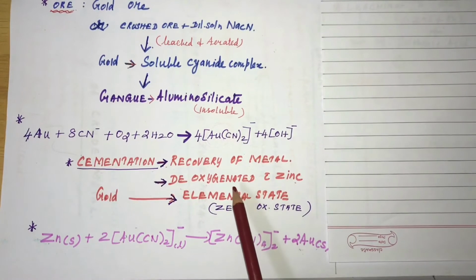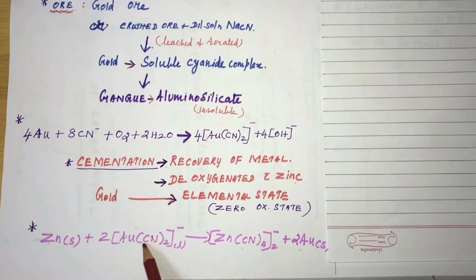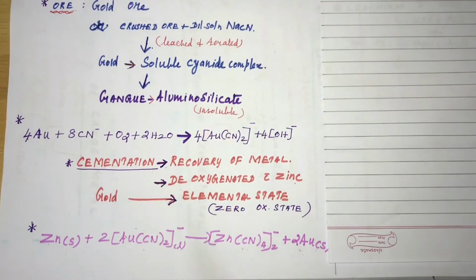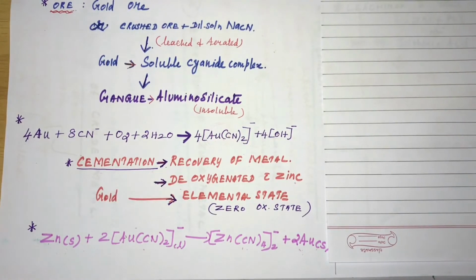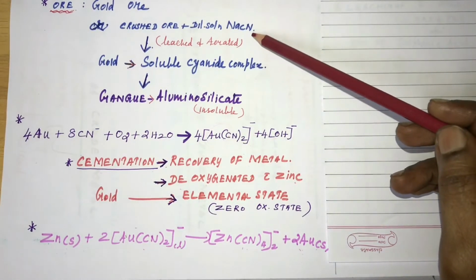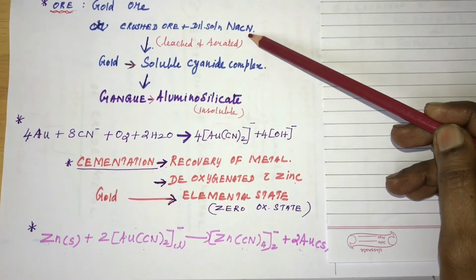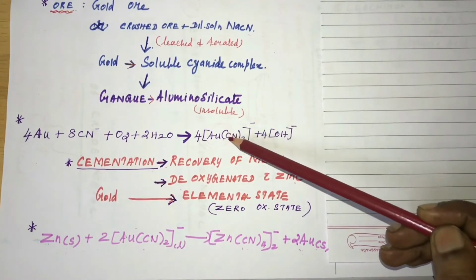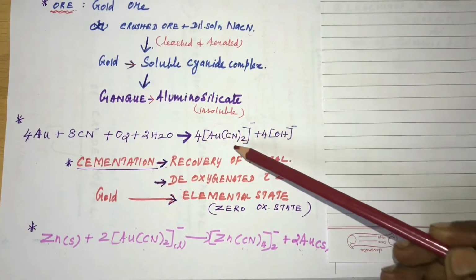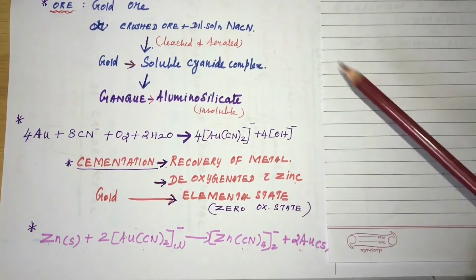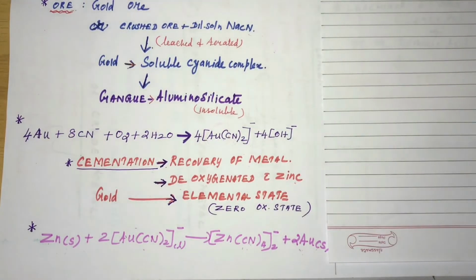The displacement of the gold from the cyanide complex by using zinc, that process is called cementation. So cyanide leaching process is using the dilute solution of sodium cyanide as a suitable solvent, formation of complex, and the recovery of metal from the complex.